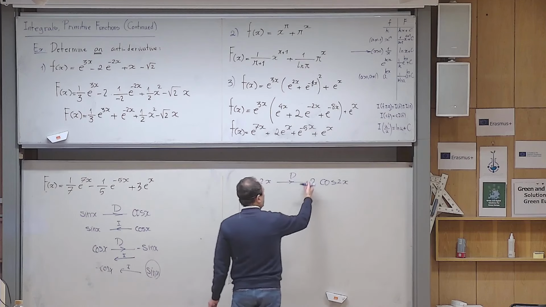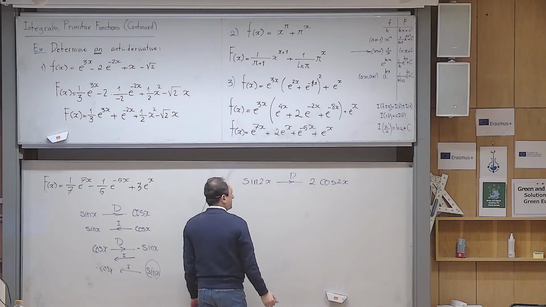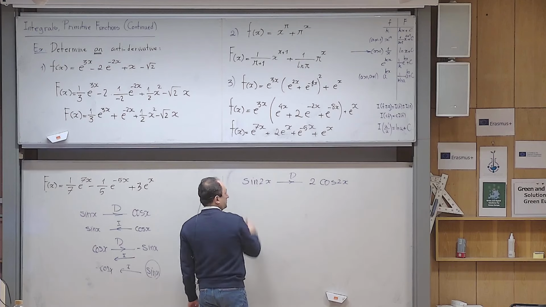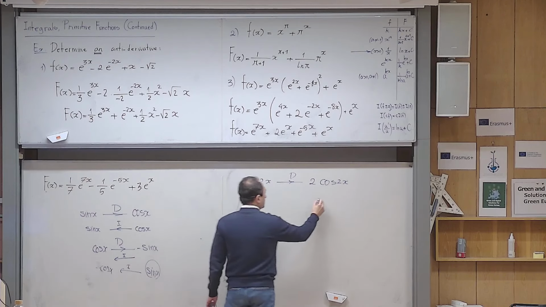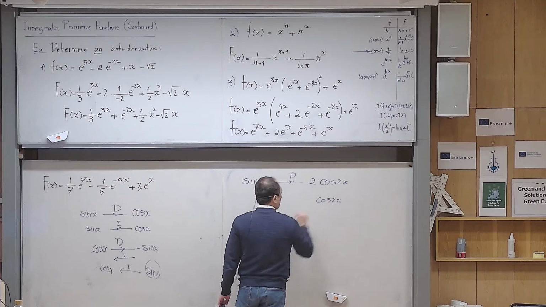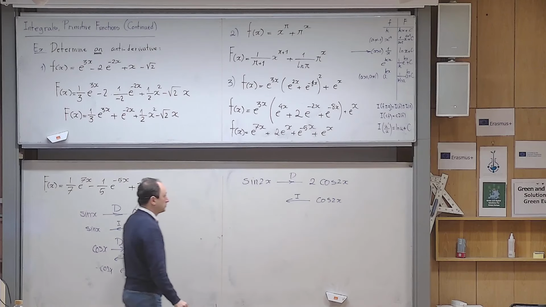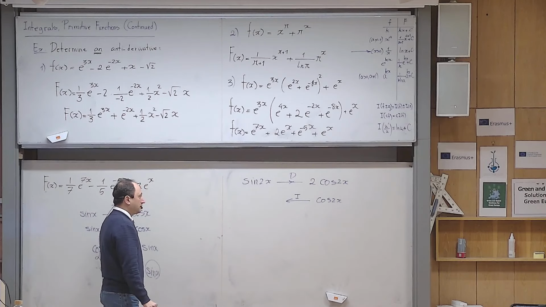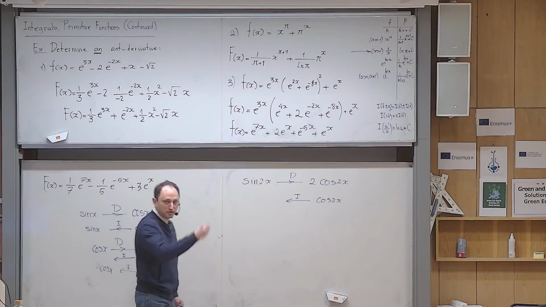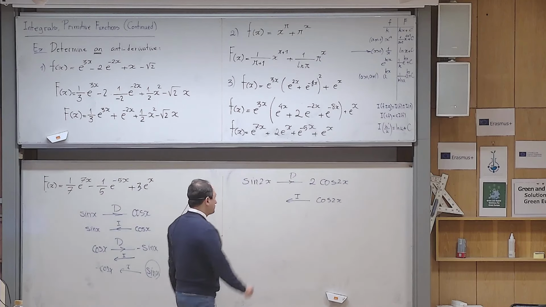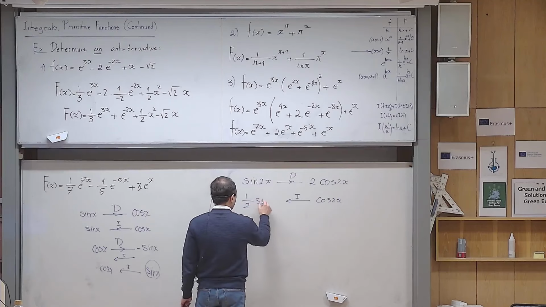Of course, if I give you this and ask you what antiderivative is, you will get this back. But if I just write cosine 2x and I ask you what is the antiderivative of cosine 2x, what do you say? 1/2 sine. So you put a 1/2 to compensate for the coming 2. So you just write 1/2 sine 2x.